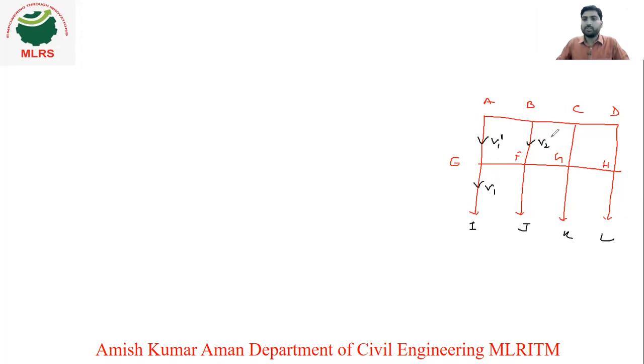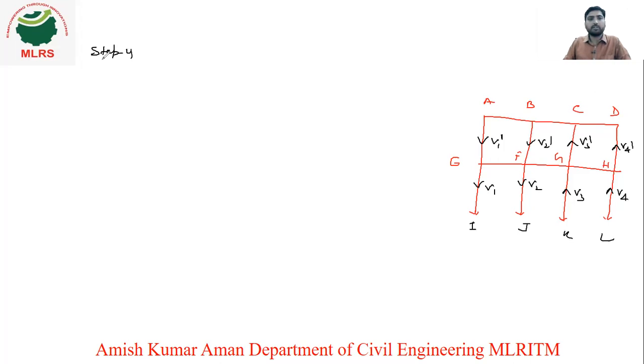Here we have V2 dash, and here we have V2. Similarly, here in the upward direction we have V3 dash, here we have V3, and here we have V4 dash in the upward direction, here also we have V4, right? In different columns.